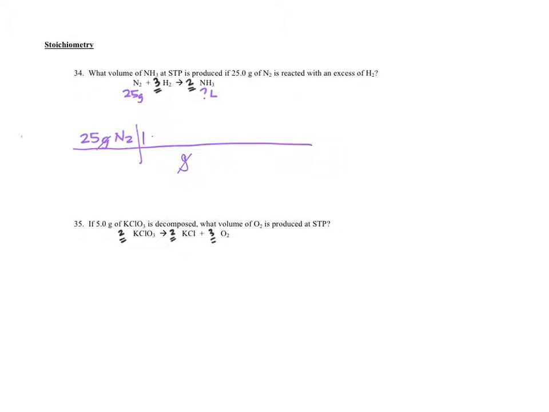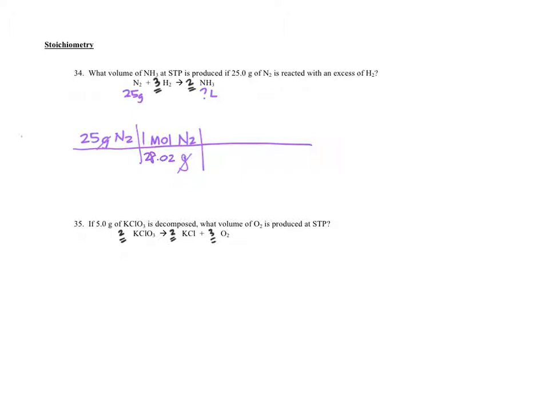You're going to do 1 mole of N2. You have not changed substances yet; you're still in N2. Remember, the molar mass that goes here with the grams should match what it's paired with. So because N2 is on the top, you put the molar mass of N2, which is 28.02, on the bottom. Now you're in moles.